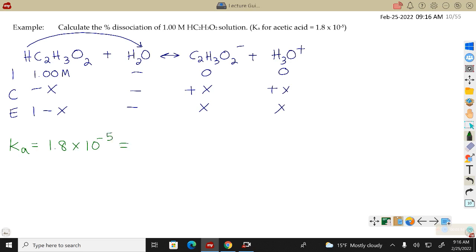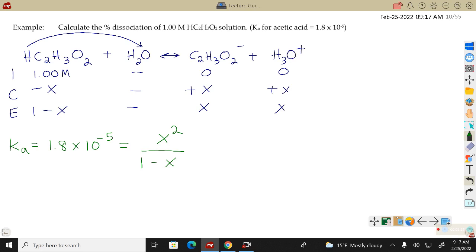And as with many of these ice tables with weak acids and weak bases, you'll find some commonalities. The two ions are always going to be a 1-to-1 ratio, so it's x squared on the top, and then you'll have the original concentration of the acid or base minus x. So we could say x squared over 1 minus x. And now I just got to solve for x.